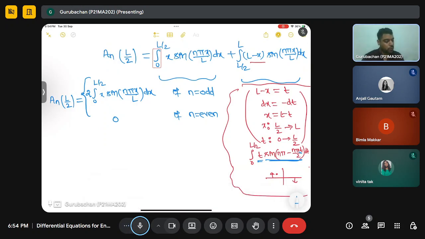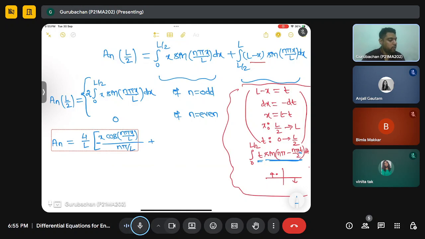So from here you will get your a_n to be 4 by L, x cos n pi x by L divided by n pi by L with the negative sign.